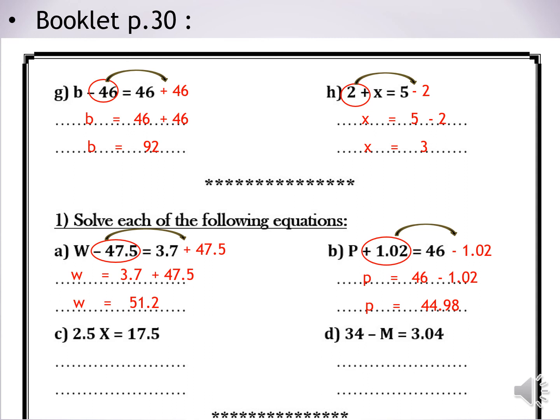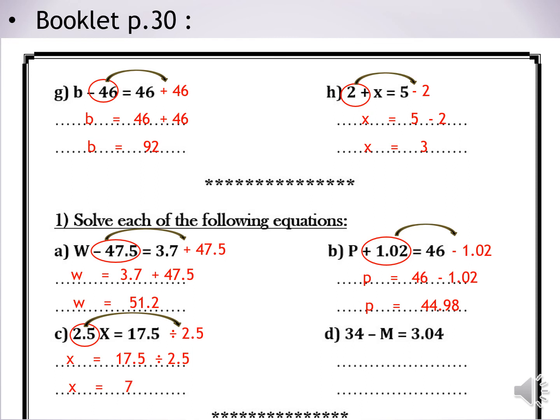In letter C, 2.5x equals 17.5. Circle 2.5, send it to the other side with the opposite sign. So here I have a hidden multiplication, so it will be divided 2.5. So x equals 17.5 divided 2.5. So x equals 7.